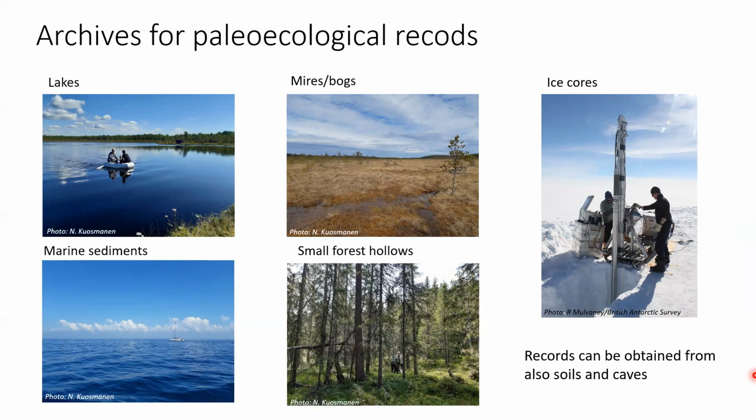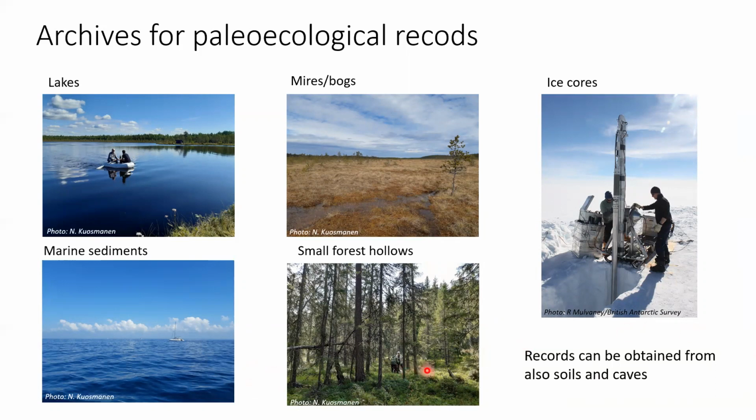Then there are ice cores and marine sediments that can give even wider information, an even wider area than lakes. But if you want to go to a more local scale, you can choose small forest hollows, where inside the forest there are sites where peat has developed, and then you can core these peat layers and get information which is very local.